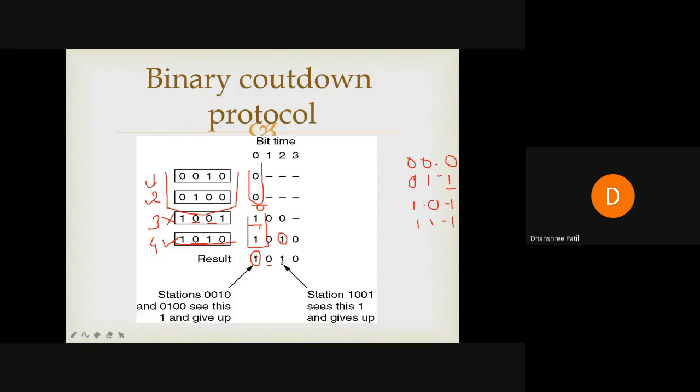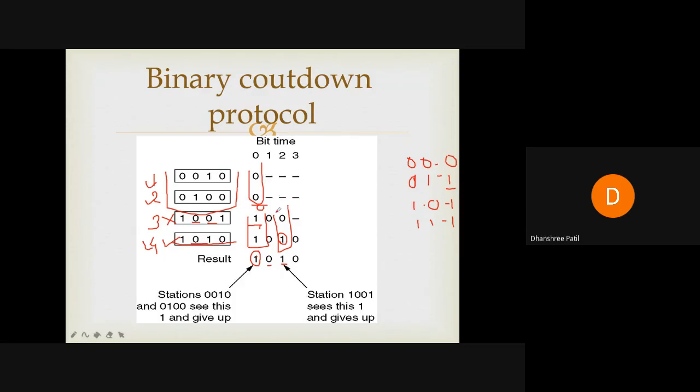Now in this case station 3 will observe that already someone is there with the higher number. So station number 3 will again back off, and only one station will be there in communication. So फक्त station number 4 ला channel allocate केले for the communication.